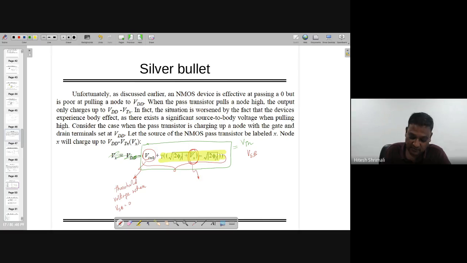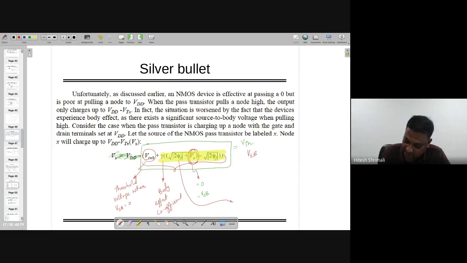This is something else. This is what is the output at the output side. So in that case, if Vx equal to 0, means VSB equal to 0, then the whole thing goes to 0. But if it is not 0, you will have other parameters like body effect coefficient, which is defined again in the DRM.